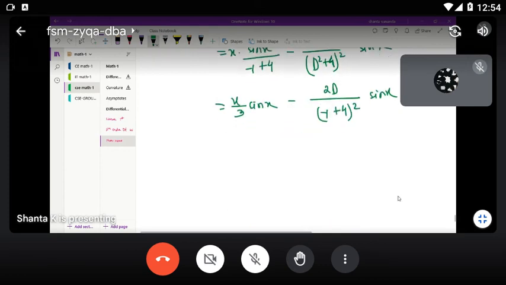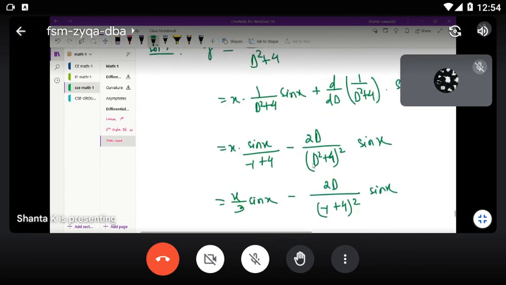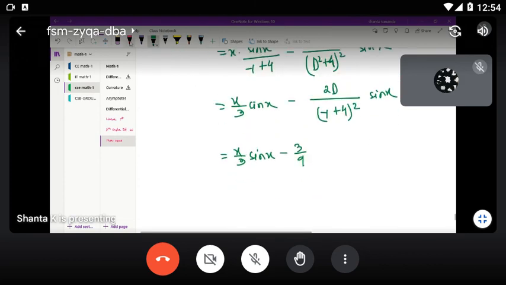So 2d will work on sin x, okay, d is the differential operator. Minus 1 plus 4 is 3, 3 square is 9, so minus 2 by 9 cos x, since if you differentiate sin x, you will be getting cos x. So this is what we are getting.